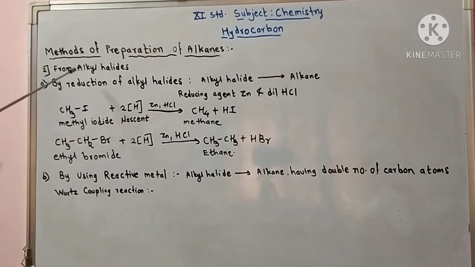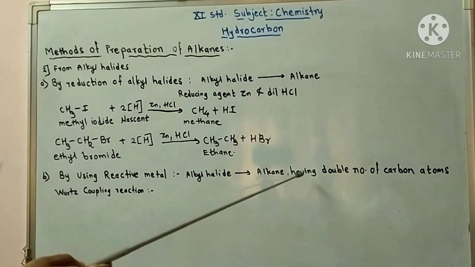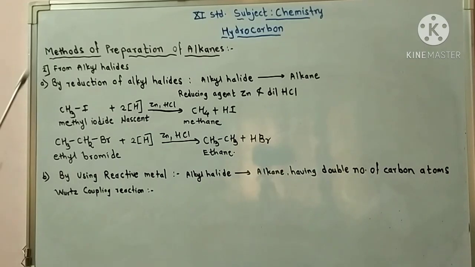Second one, using the same starting compound alkyl halide but by using a reactive metal like sodium, alkyl halide is converted to alkane having double the number of carbon atoms, with respect to the starting alkyl halide. This type of reaction is called Wurtz coupling reaction or Wurtz synthesis.